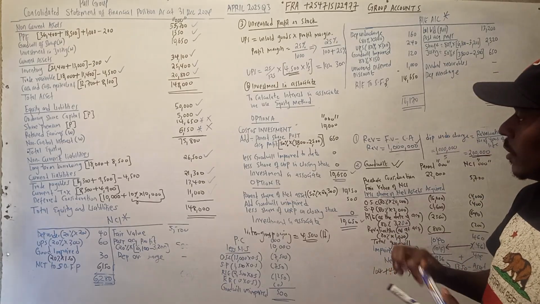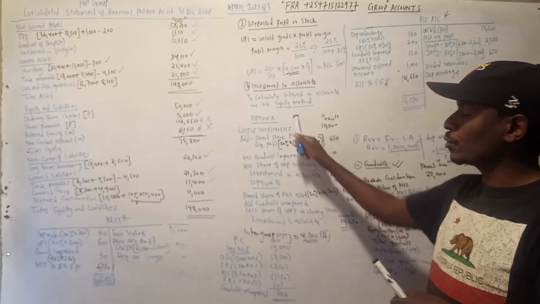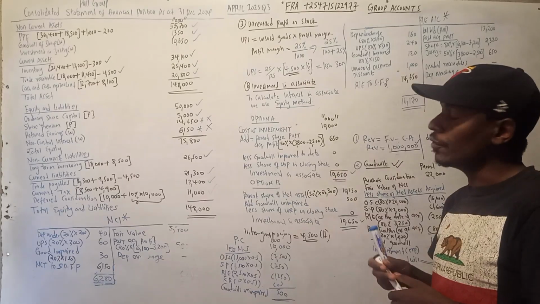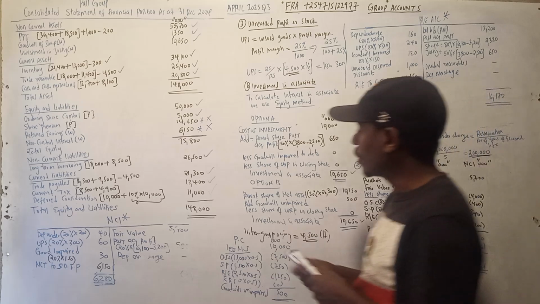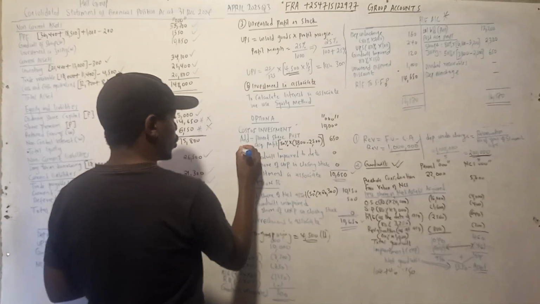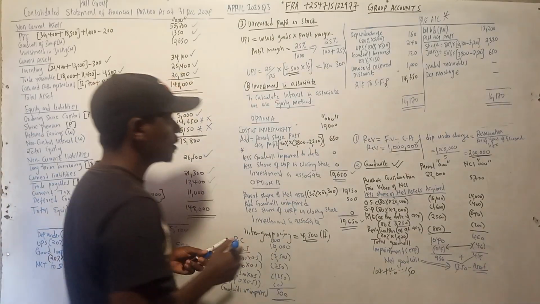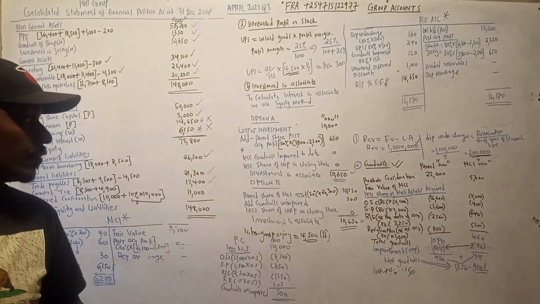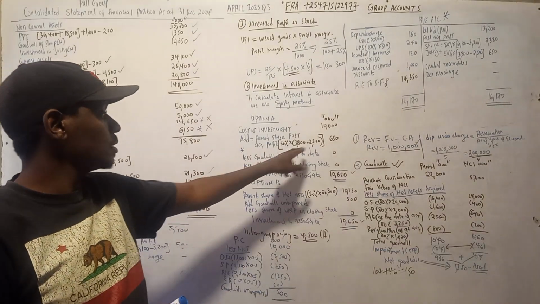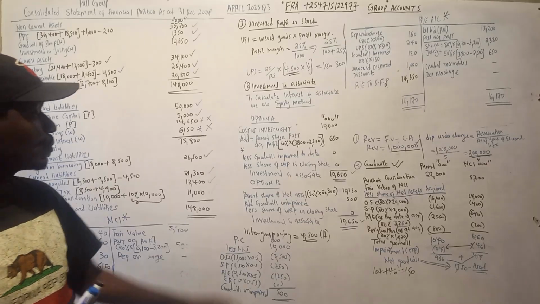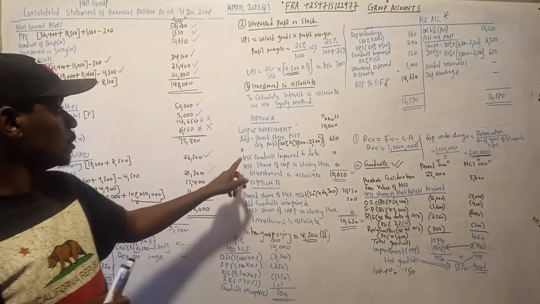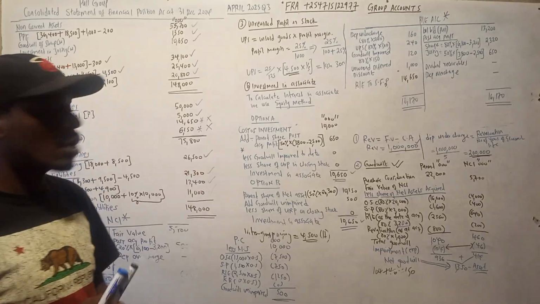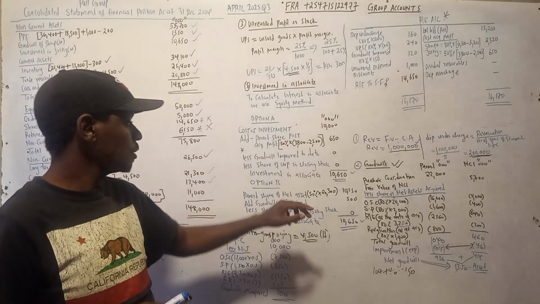Another thing I want to tell you: if there was any proposed dividend from the joint venture, you need to incorporate it here. I did not put that part, but there's a question I want to do where we shall incorporate the proposed dividend, and then you shall see how it affects this option.